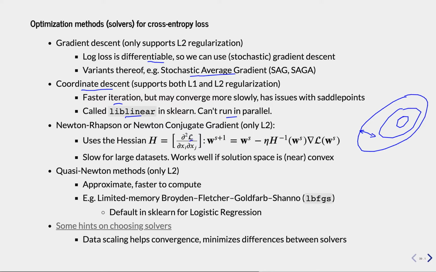So the Hessian is a matrix which has basically all the second derivatives of your loss function with respect to two different variables in your loss, for two different weights. So this is expensive to compute. The idea is that if you compute this, you will get the exact direction to the minimum. Again, because this is convex.